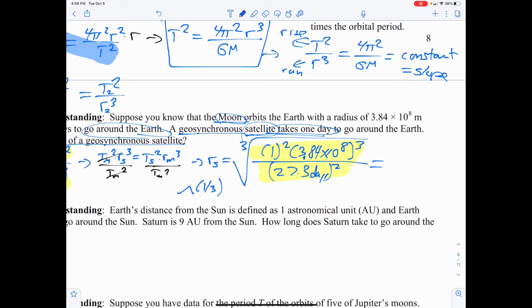Okay, you should have gotten somewhere in the neighborhood of about 4.2 times 10 to the 7 meters, which is the same thing as 42 times 10 to the 6 meters, or 42 million meters.